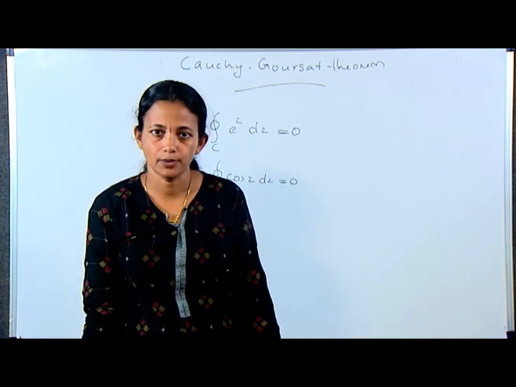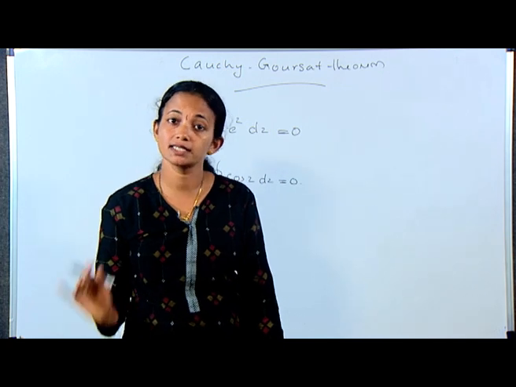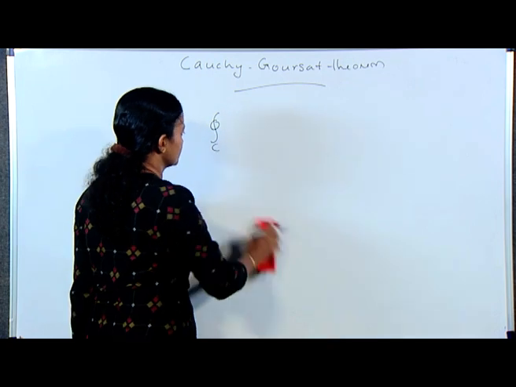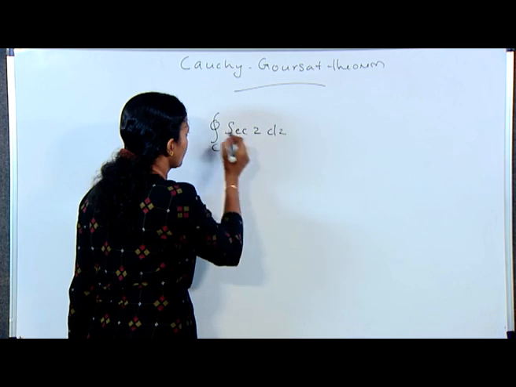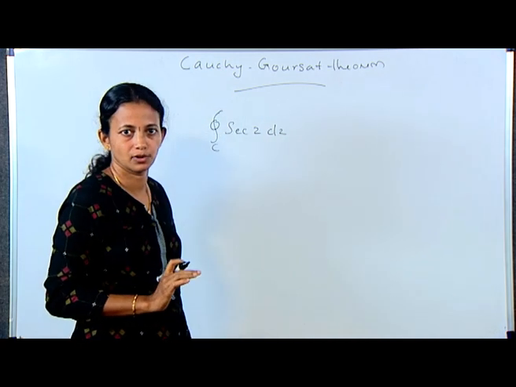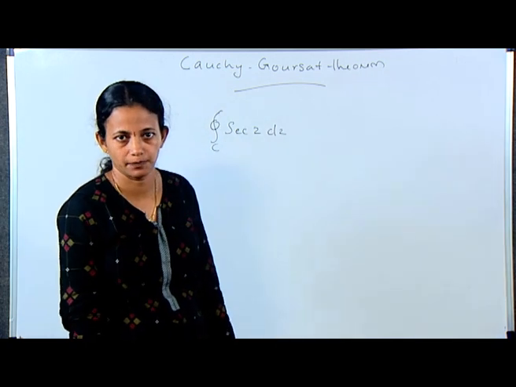Next we have to evaluate integral over C of sec z dz, where C is the unit circle. The integral is again over a closed curve. Here C is the unit circle.